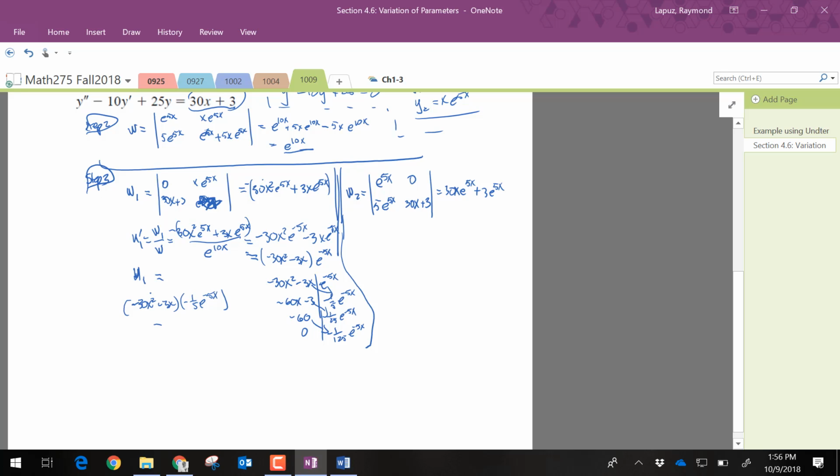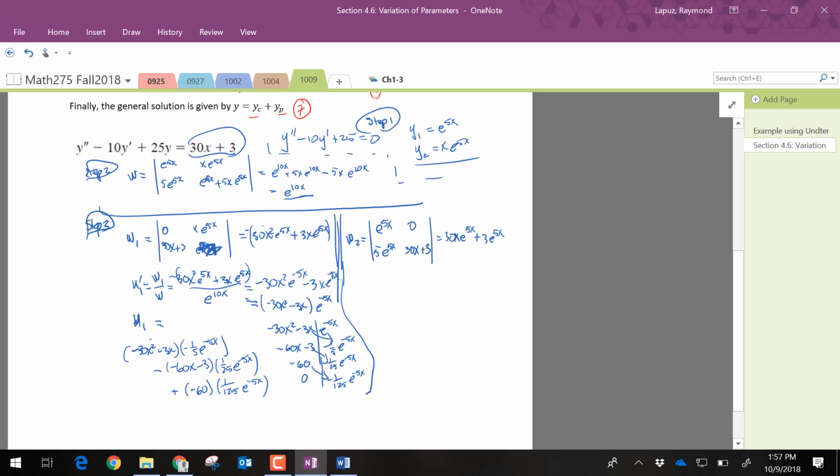So that's positive, and then negative minus 60x minus 3, and then 1 over 25 e to the minus 5x, and then positive negative 60, 1 over 125 e to the minus 5x. So that's u1, and then you'll take that and you'll multiply that with y1. What was y1 again? Oh, just e to the negative 5x.